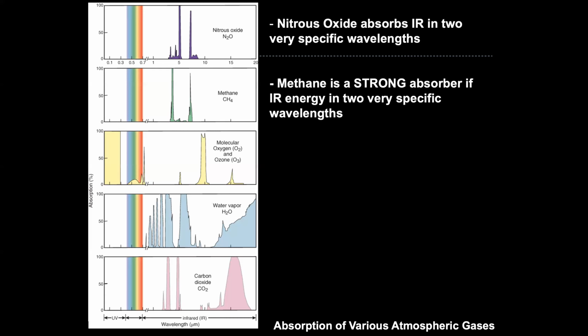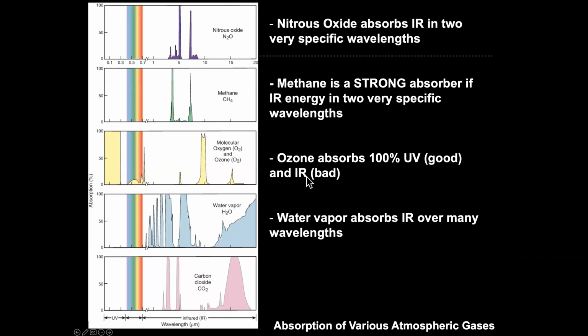Methane is a very strong absorber of IR energy. I need to fix that. It should be in two very specific wavelengths as well, in the infrared. Ozone, O3, absorbs 100% of ultraviolet. That's good, but infrared energy as well. That's bad.